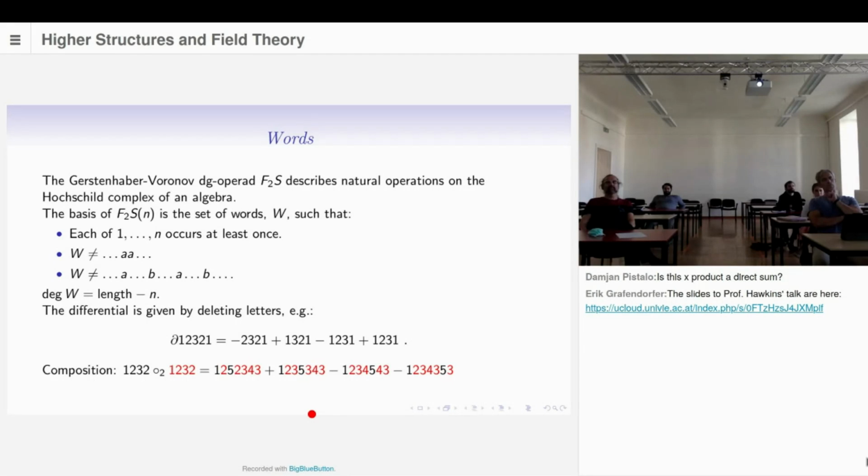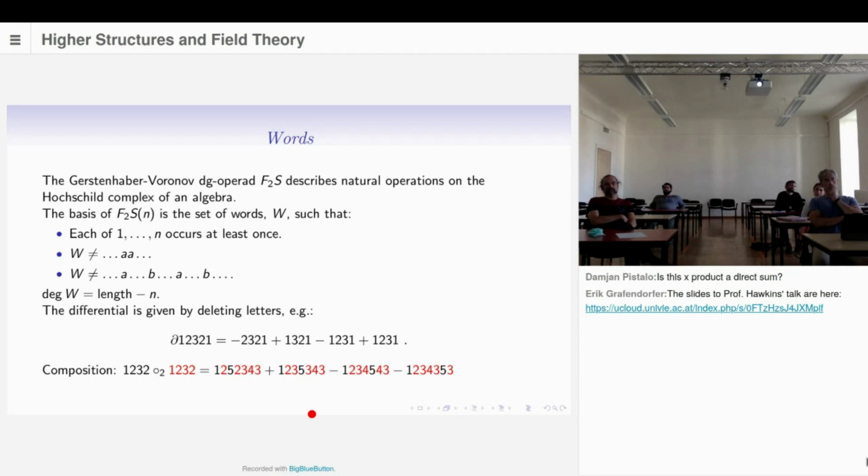So this is a differential graded operad, and I'm denoting it as F2S for reasons I don't want to get into. This describes natural operations on the Hochschild complex of an algebra, so actually with the differential coming from the algebra multiplication.